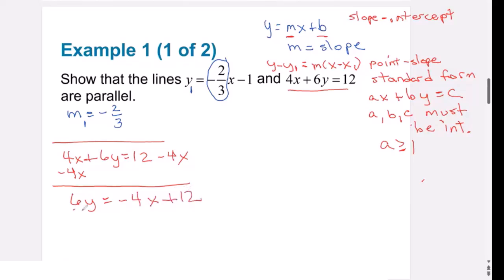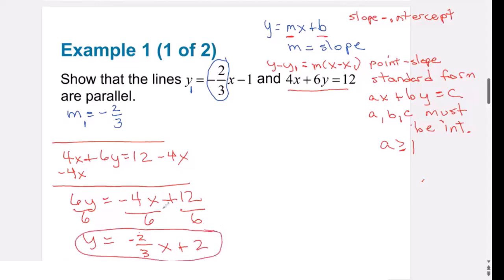Then I divide both sides by 6, and I get y equals negative 4/6, which I can simplify to 2/3, x plus 2.